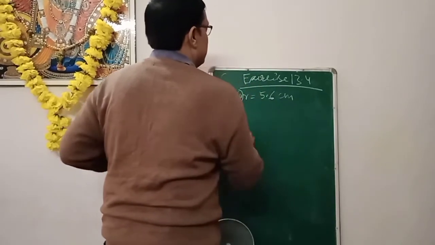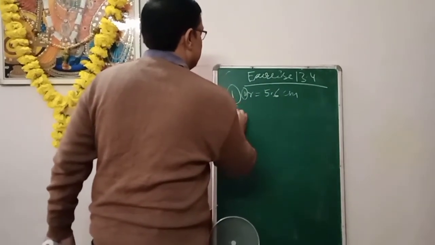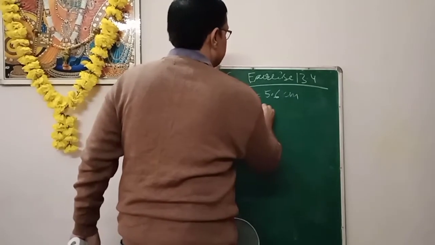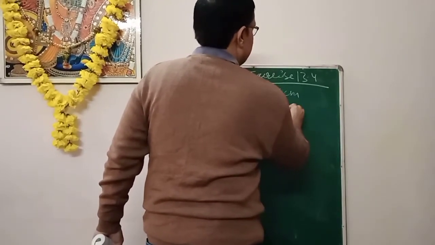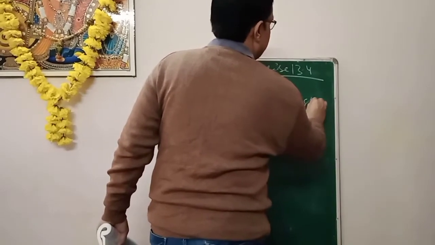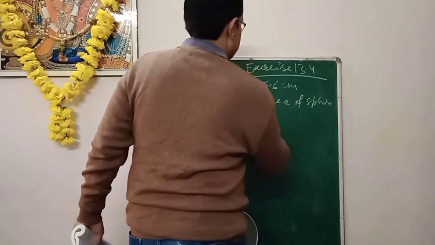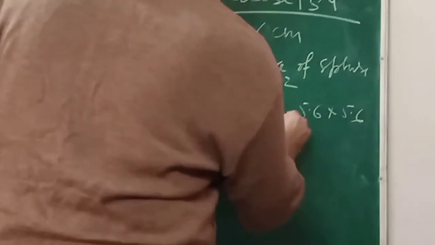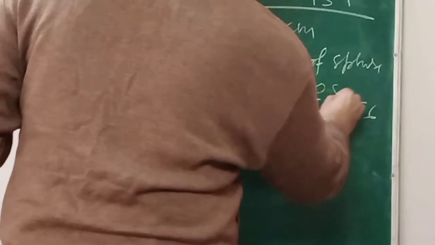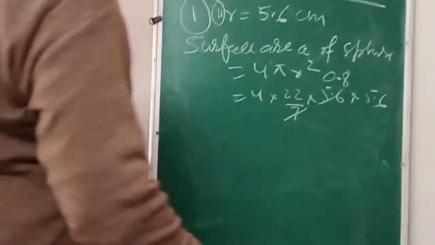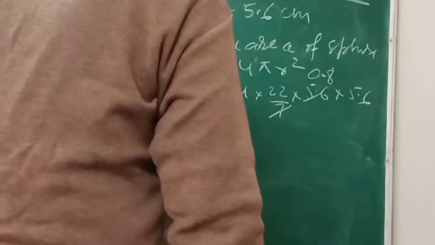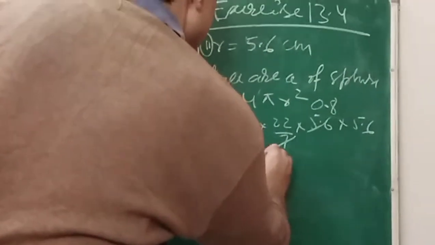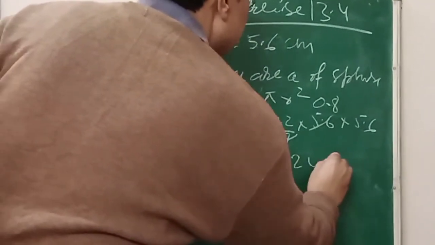When r is 5.6, then for the surface area, again we will write surface area of sphere, that is 4 pi r square, then 4 into 22 upon 7 into 5.6 into 5.6, 7 eights are, and on solving we will get it as 394.24 centimeter square.